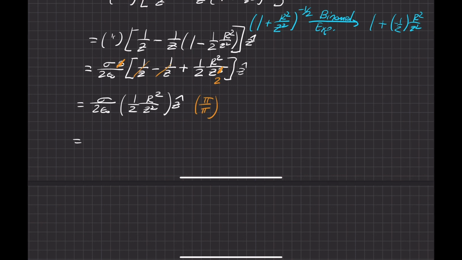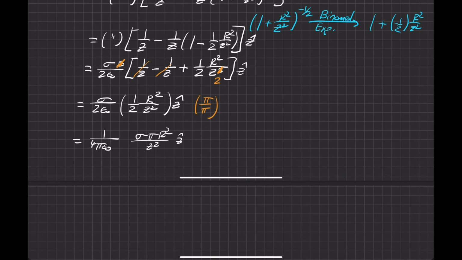If we distribute those pi's back and apply the algebra, we have 4 pi epsilon naught, the 4 coming from the two 2's right here, multiplied by sigma times one of those pi's, R squared. You might already be figuring out where I'm getting at. All that's left in the denominator is Z squared, times the Z hat.